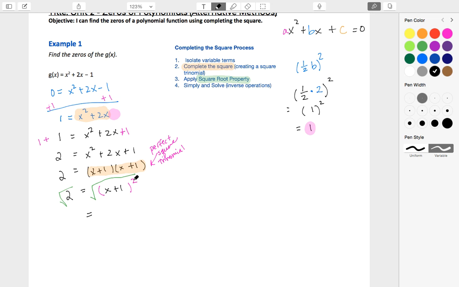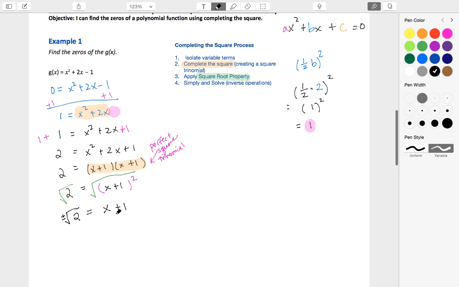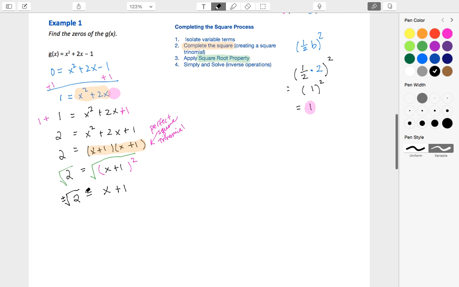If you take the square root of something being squared with the exponent of 2, that means you're going to undo it and just rewrite what's left over as your base. While on the right side, you're going to have a positive and negative version of your answer. Once you have this step, then your last step is to simplify and solve using inverse operations.